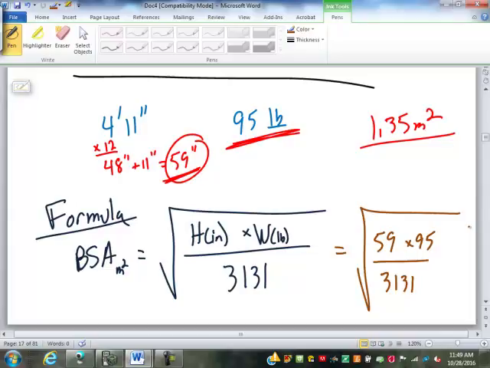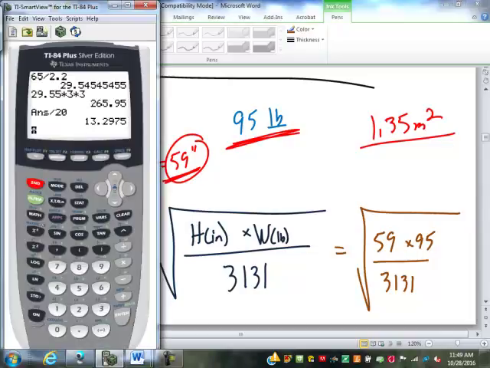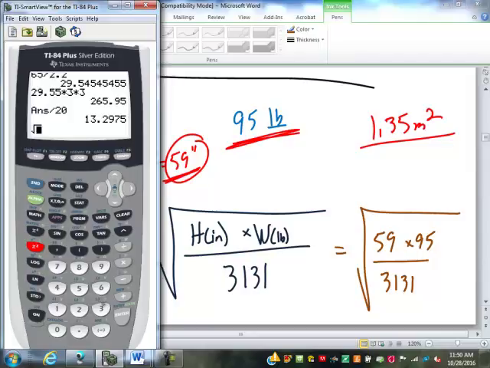Most of your calculators allow you to put this in there all at once. So you do second square root. And now most of you, when you do the square root symbol, it's going to give you an open parentheses. So you're just going to type in 59 times 95 divided by 3131.